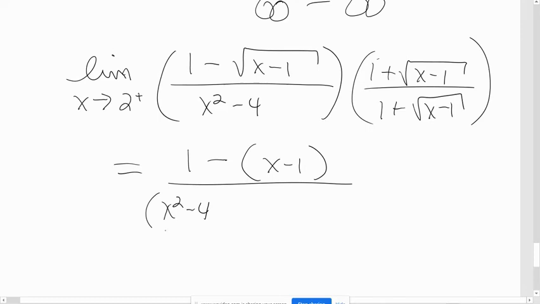And then the bottom, x squared minus 4, is like the same thing as the quantity x minus 1 to the one half power, right? So I have to use the chain rule, which gives me 1 half out front, and then the derivative of x minus 1 is 1. Okay, if I plug in infinity now, I'm going to get 1 half times e to the infinity over 2.